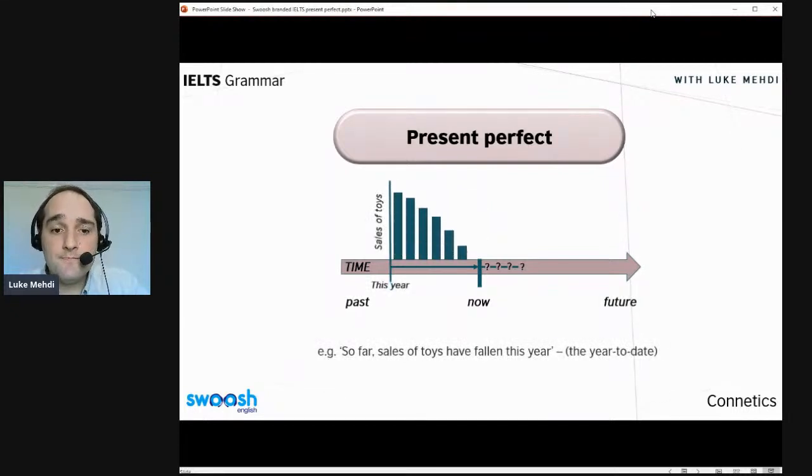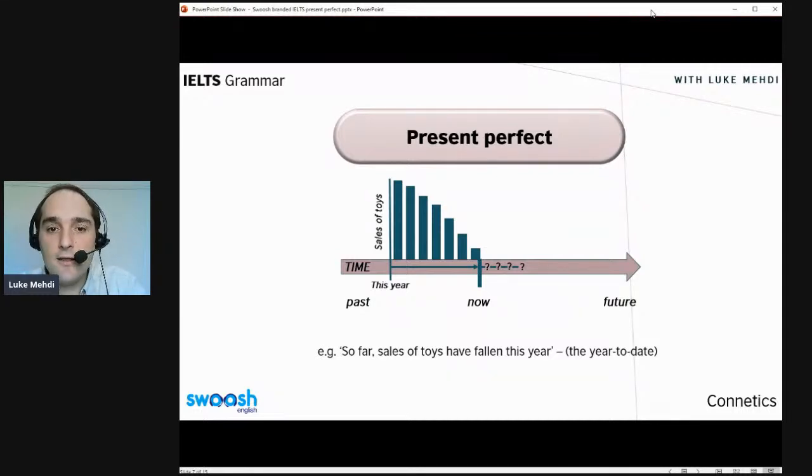Another example, you might use this in a writing task 1. For example, if you have a line graph that continues to the present, you would say, so far sales of toys have fallen this year. That means the year to today. And there we can see on this small bar chart here how that chart would look.